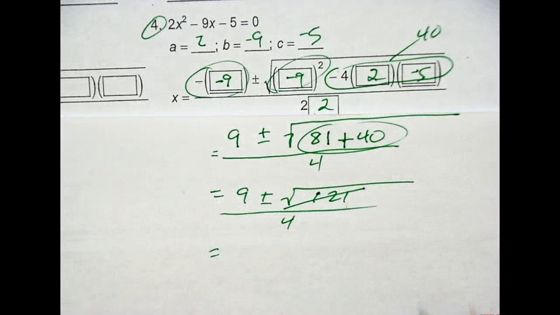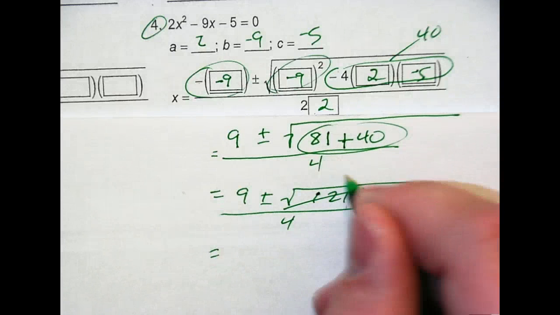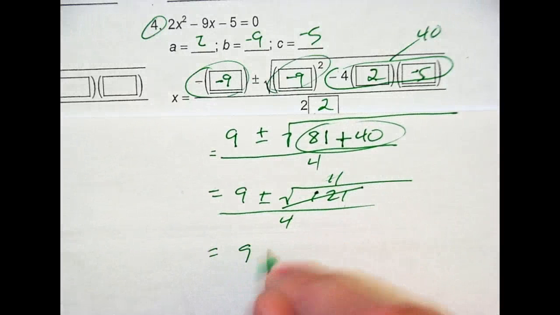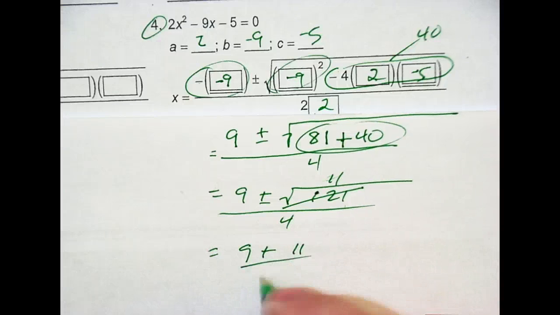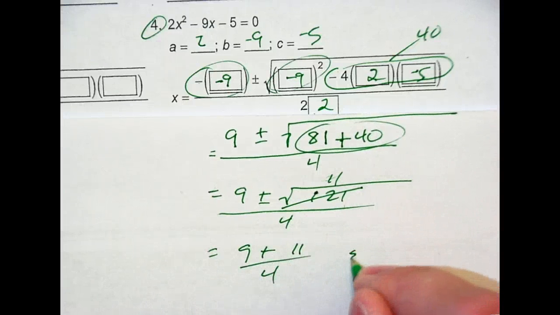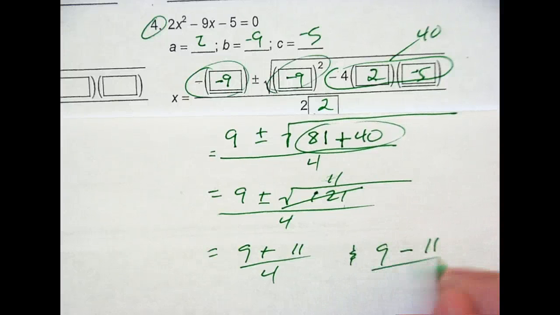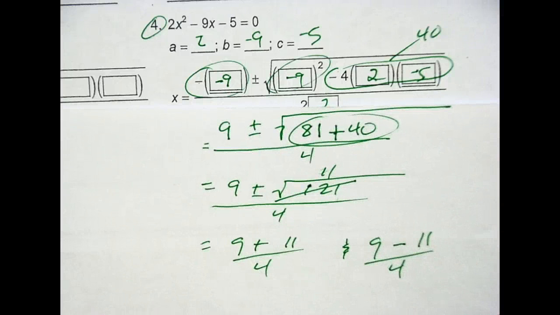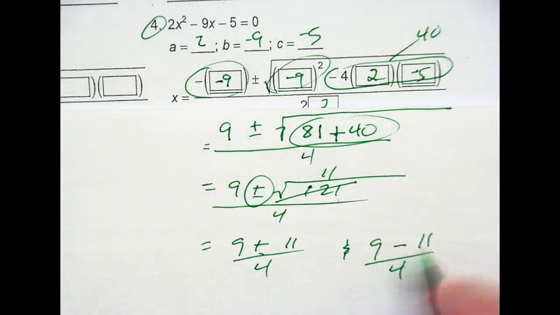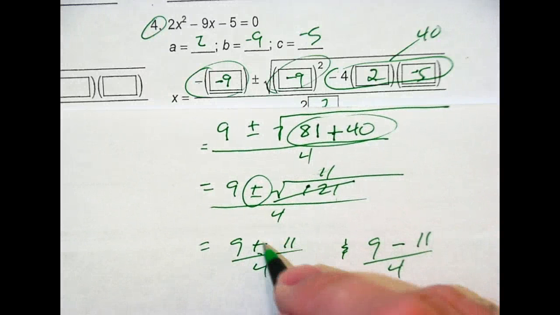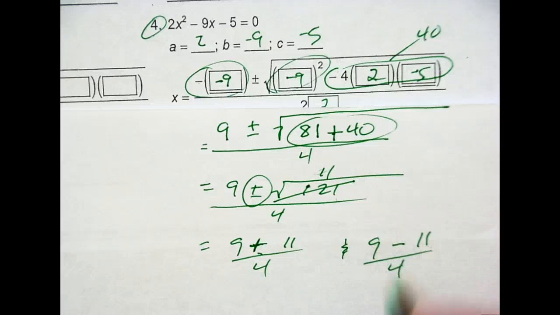It's root of 121, yeah, 11. Okay, this part becomes 11. So we get 9 plus 11 over 4, and 9 minus 11 over 4. Right? That plus minus breaks it into two different problems. We get plus and then minus it.